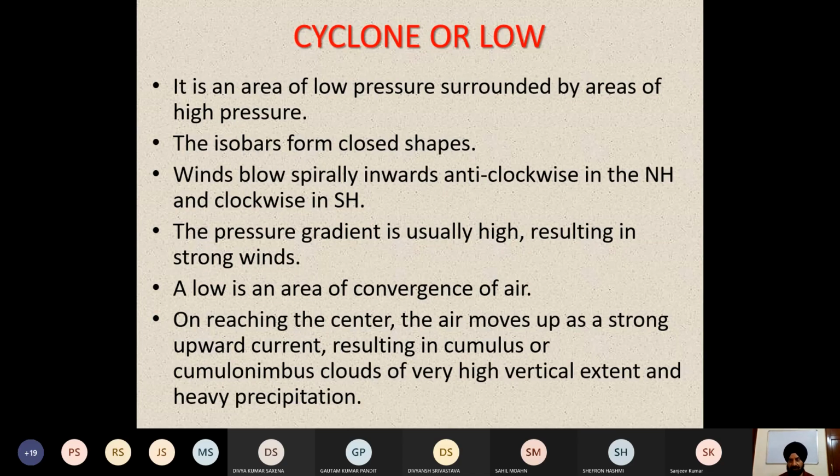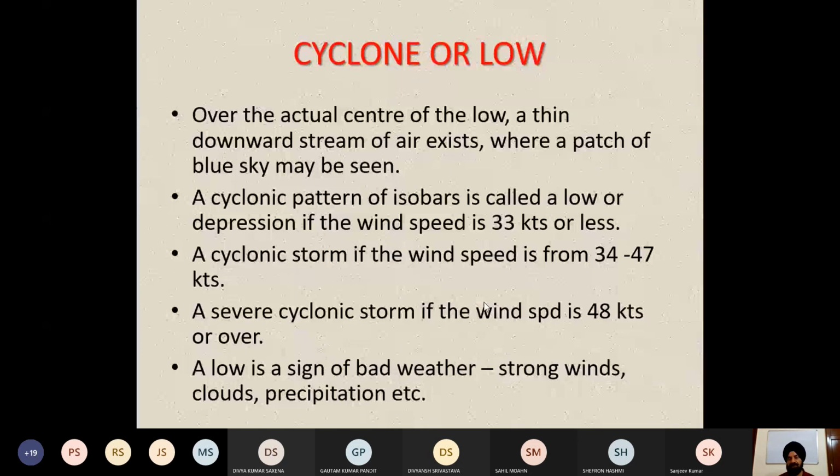On reaching the center, the air moves up as a strong upward current, resulting in cumulus or cumulonimbus clouds of very high vertical extent, and cumulonimbus means heavy precipitation, rain. So if you see a low pressure area, a cyclone, on your weather map, applying just the basics, you can know there will be clouds and heavy rain.